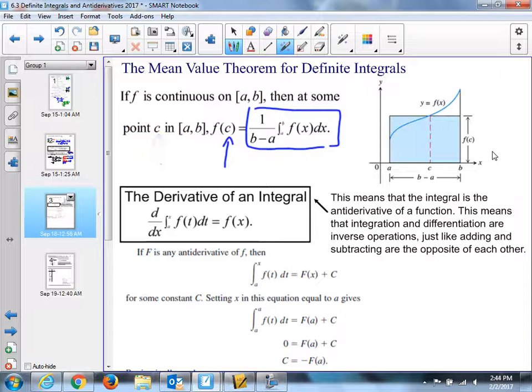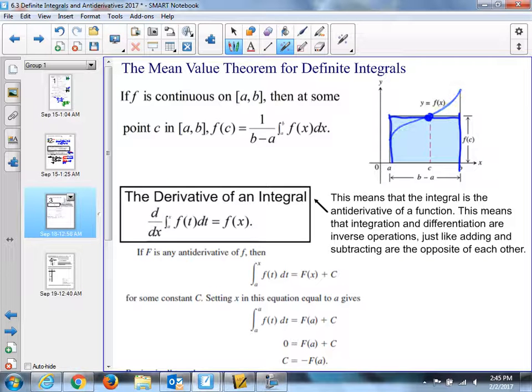That's all that says. There's going to be at least one point where you get that. So, you know how we said this area underneath what I just highlighted is going to be equal to what's in the rectangle here? There's got to be some point where it hits that line. That's all it says. And it could be 2 or 3 times, but at least once. Okay, we'll leave that.